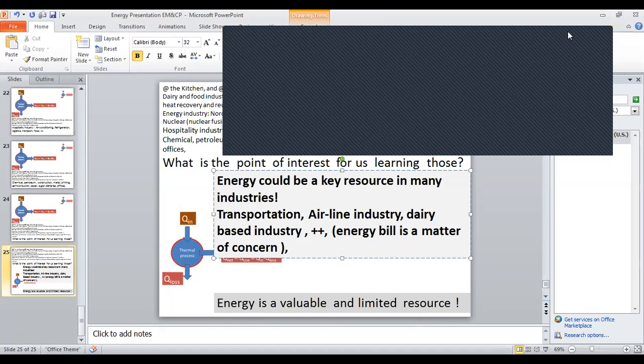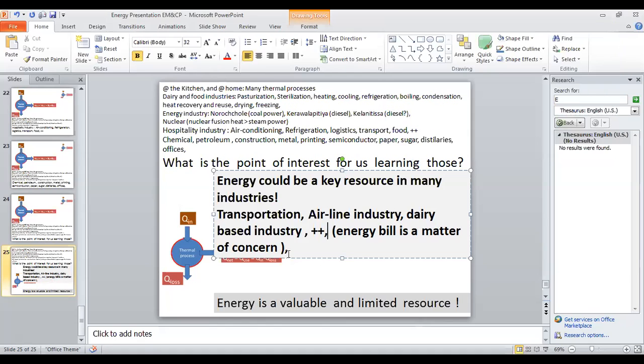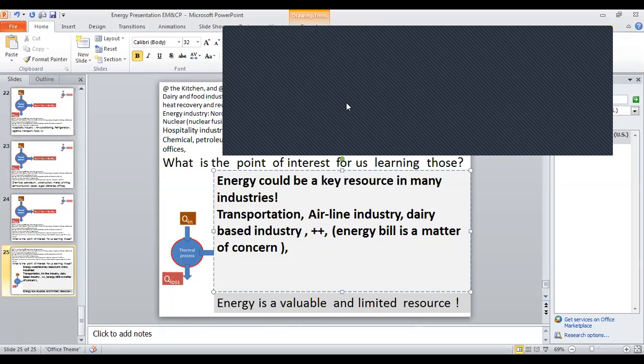This energy is the key. So having learned this, what makes this your concern? This really has an effect, a direct effect on the profit margins.